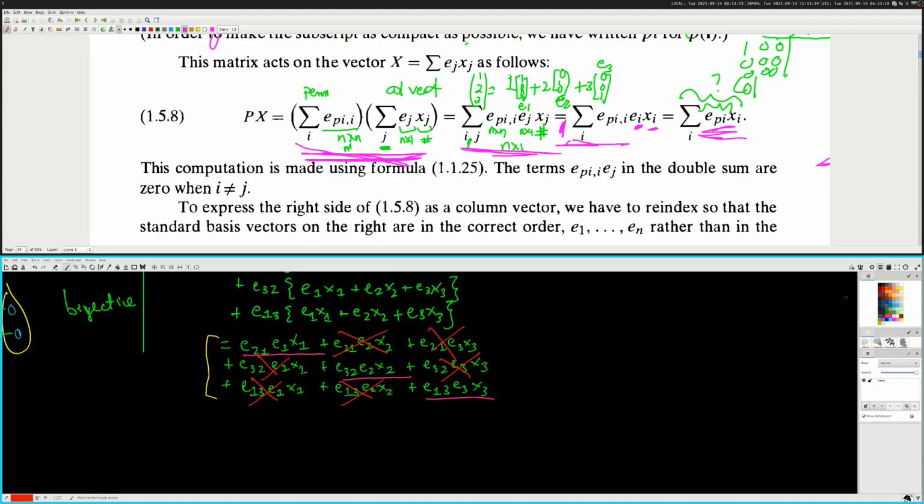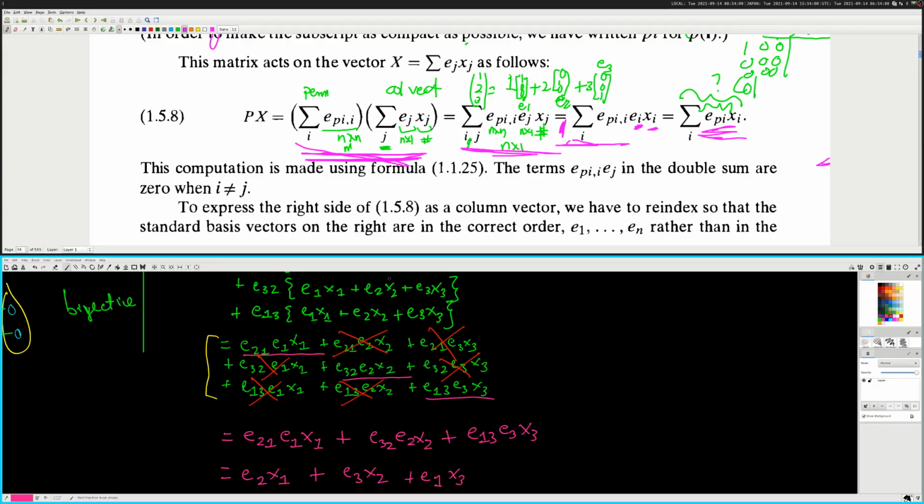And this is how you get the sum over i thing, which would be e21 e1x1 plus e32 e2x2 plus e13 e3x3, of course, which is equal to e2x1 plus e3x2 plus e1x3.